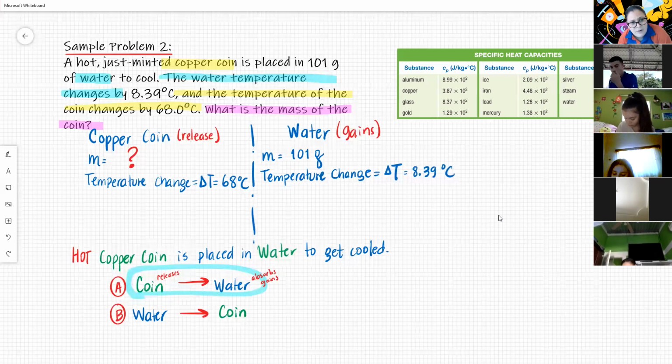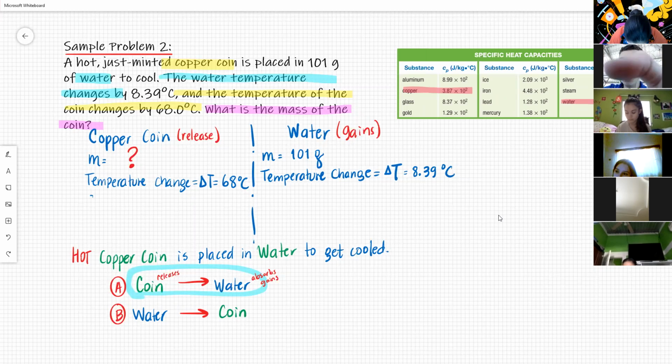So because we're talking about copper coin and water, we're gonna focus on the two substances. One substance that is copper, and the other that is water. So I have my copper and I have its specific heat, and I look for water and I have there its specific heat. So I'm going to write the information where it corresponds.